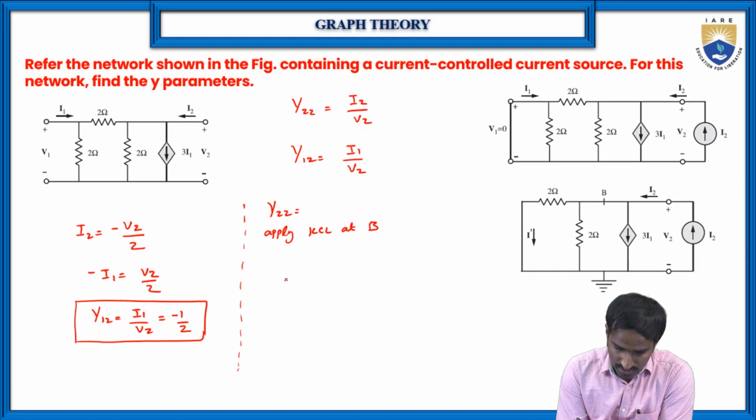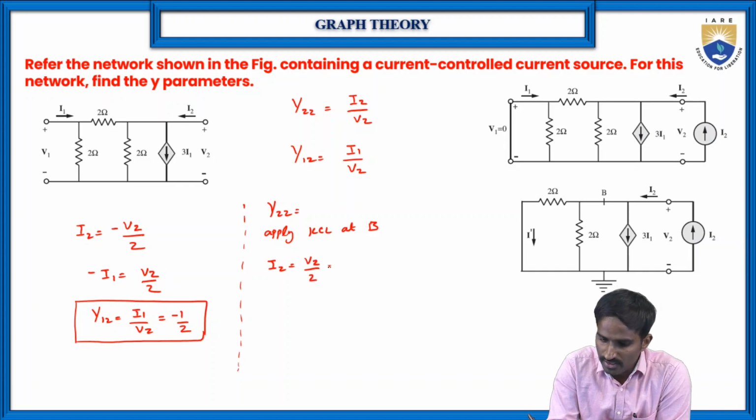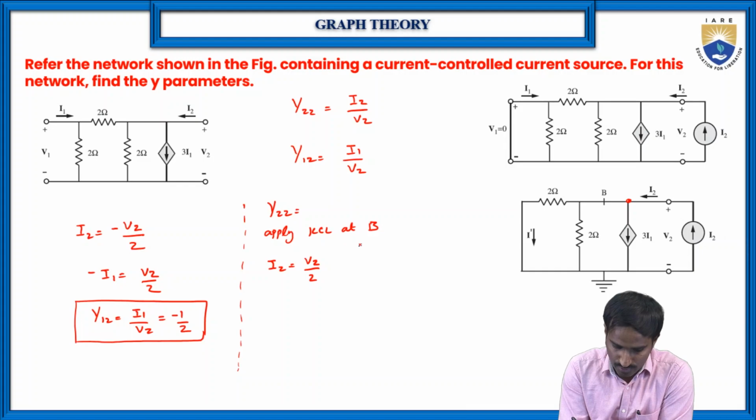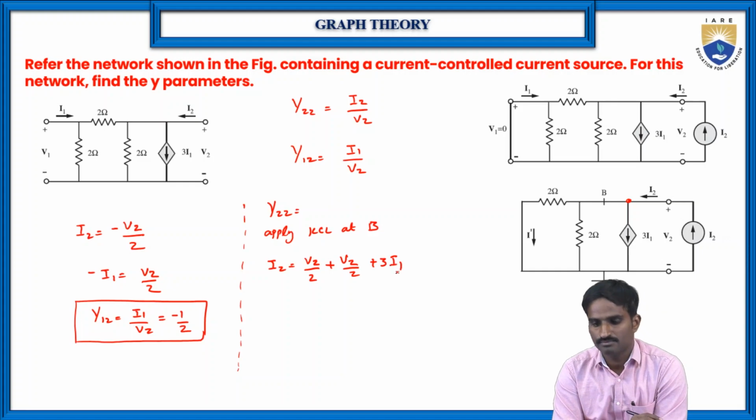So then here I2 is equal to V2 by 2. Let us consider here it is V2.